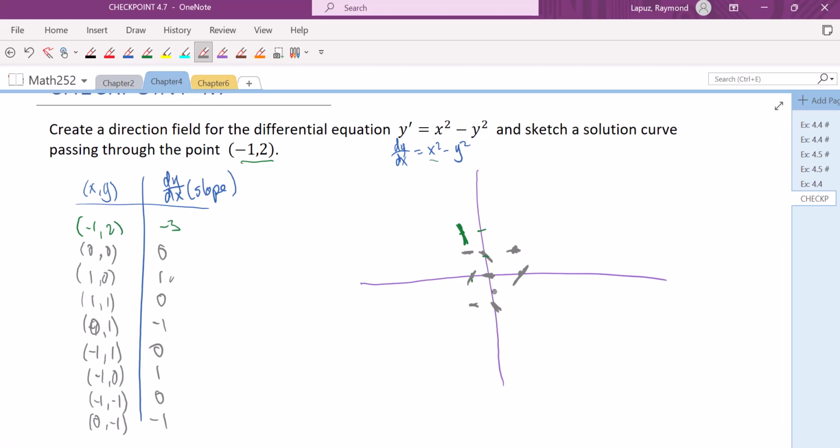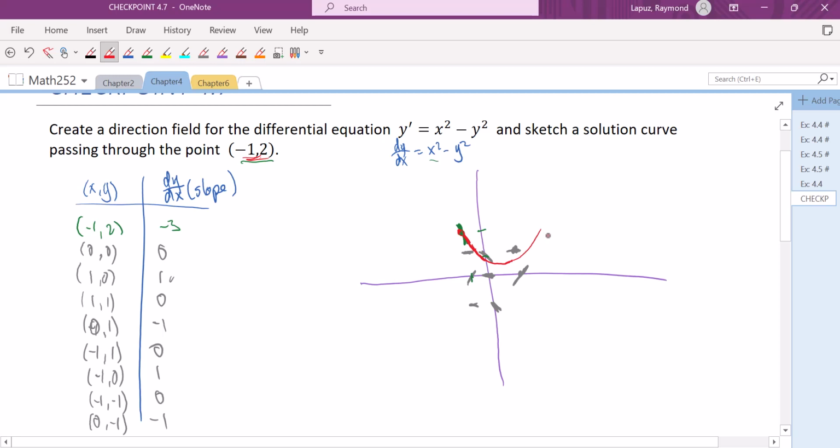Now, before we get to the big picture, what we're interested in is finding a solution passing through this point. So passing through this point, we'll start off with a slope going steep, and then it looks like it might still be going negative. And then eventually we'll have a slope of 0, and then it looks like it might go up.